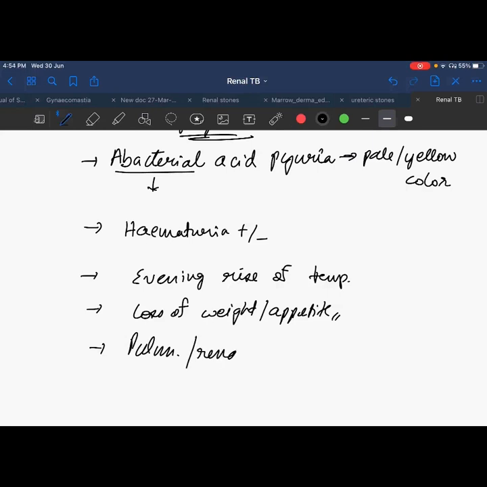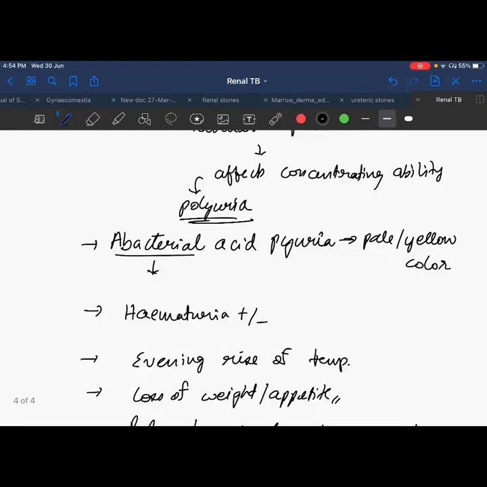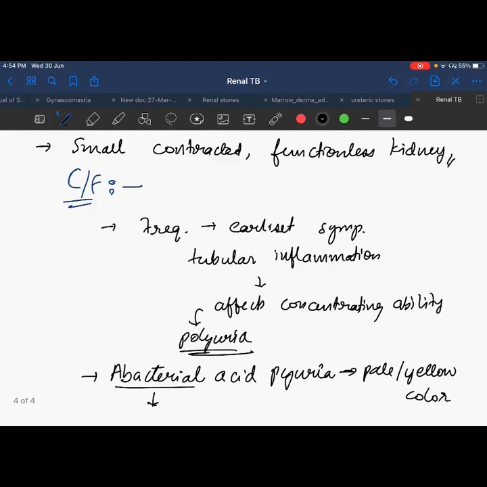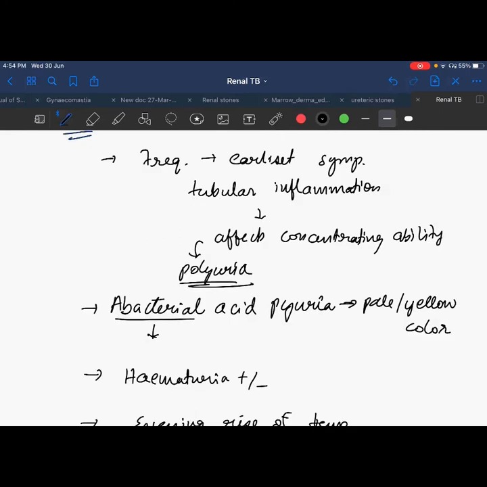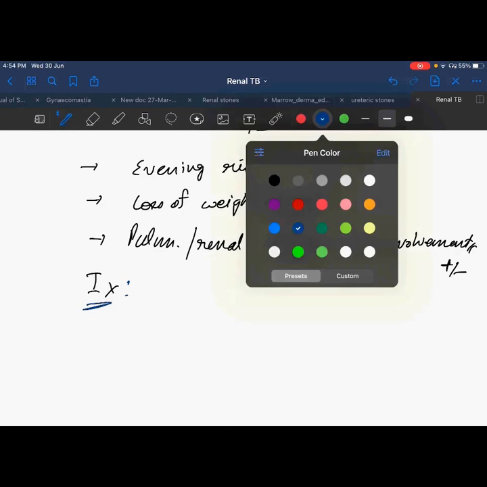One important feature in TB is lymph node involvement. So pulmonary or renal lymph node involvement may be found. It can be seen, plus or minus. So these are the clinical features. The main two things are increased frequency of micturition and abacterial acid pyuria. These two you should remember.